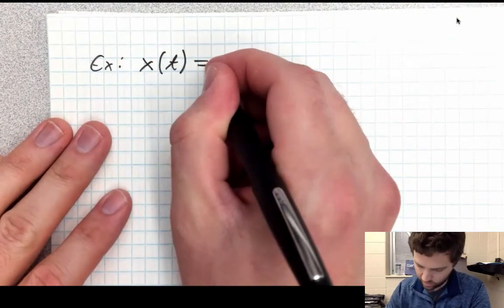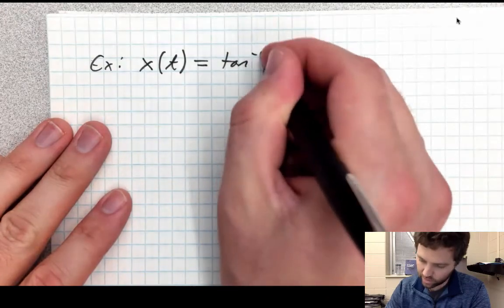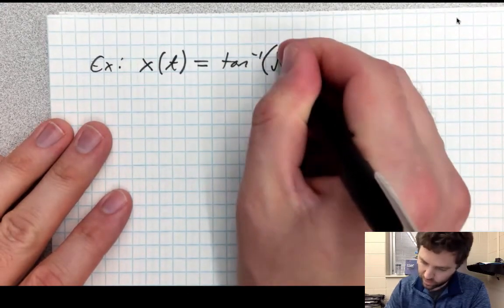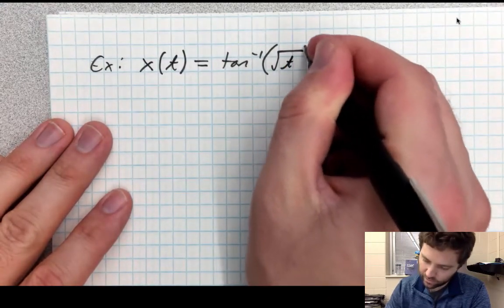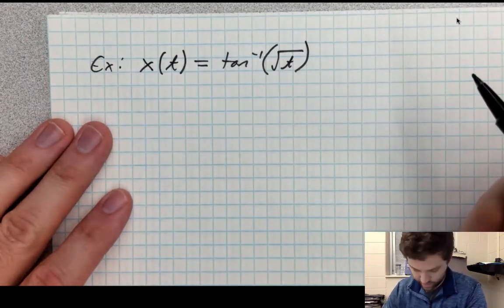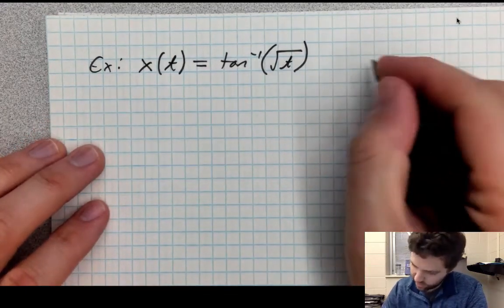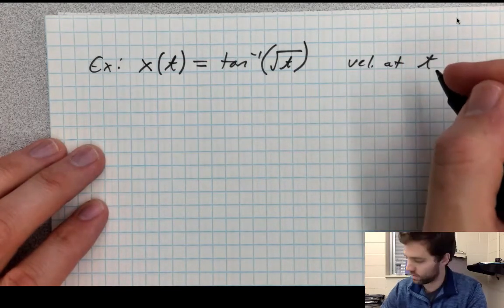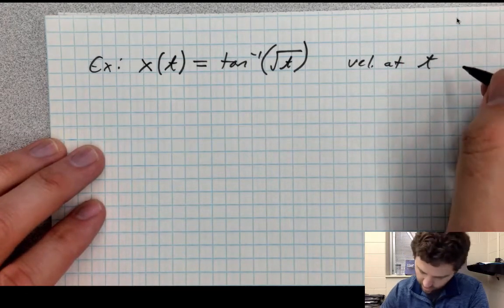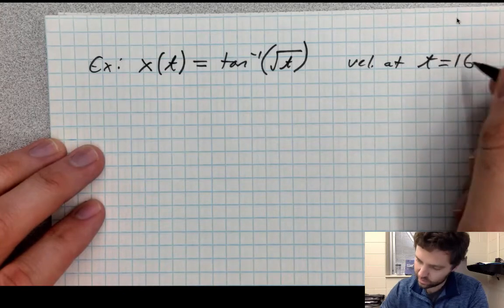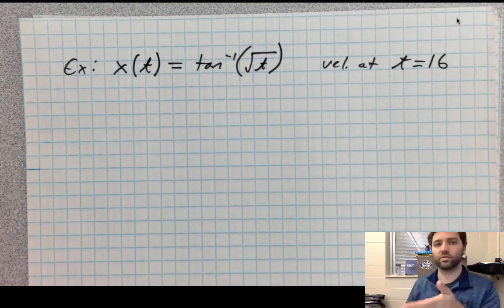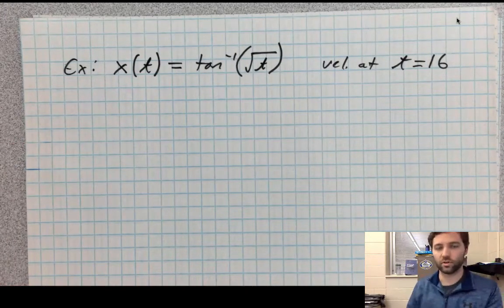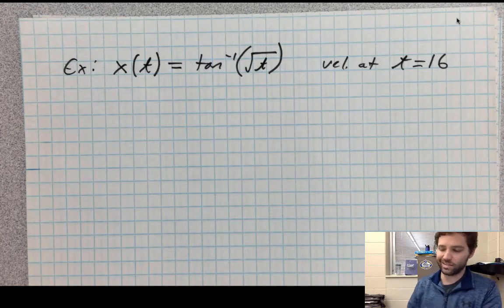So x of t is going to be equal to inverse tangent of the square root of t. That's a cursive t, by the way. All right, and we want to find the velocity at t equals 16 seconds. So all this amounts to is just taking the derivative of the position function and then evaluating it at 16. So let's do that.